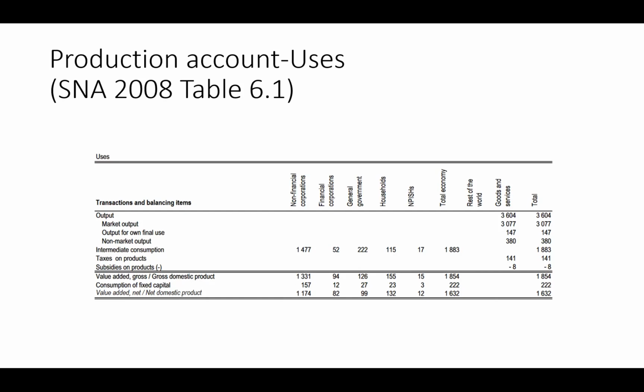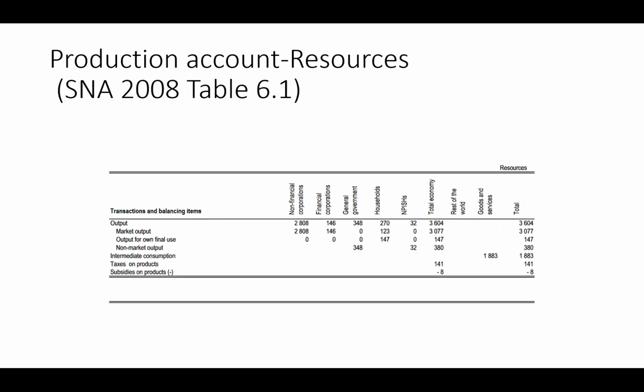And we see the balancing items here: value added, consumption of fixed capital, and the value added, the net value. And this is the resources, again output, intermediate consumption, taxes on products and subsidies on products.